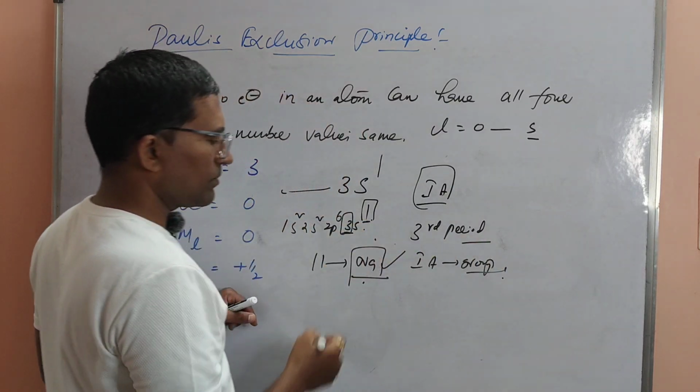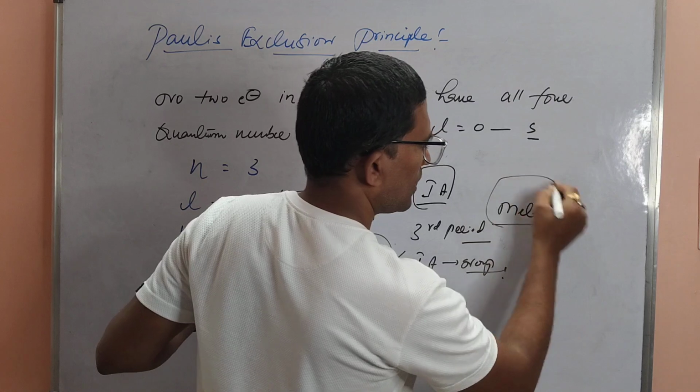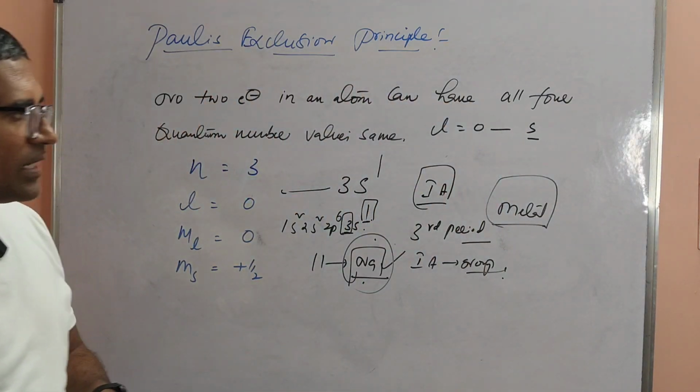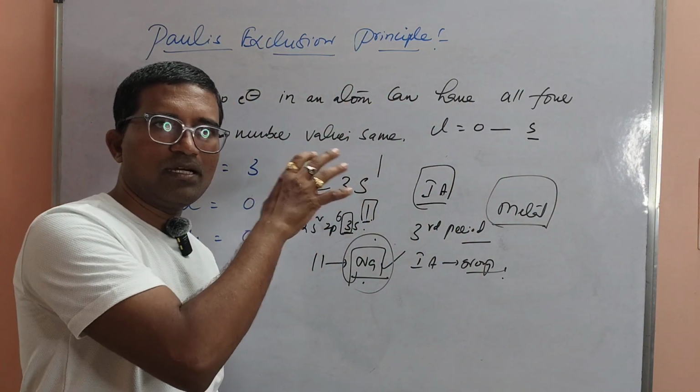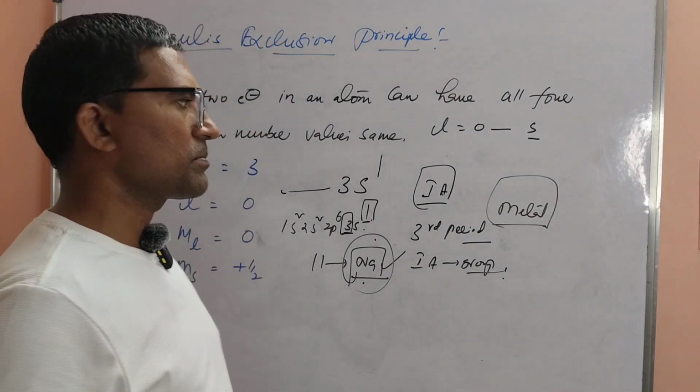The element is sodium, which you know well is a metal. So like this, we can understand the concept of Pauli's exclusion principle.